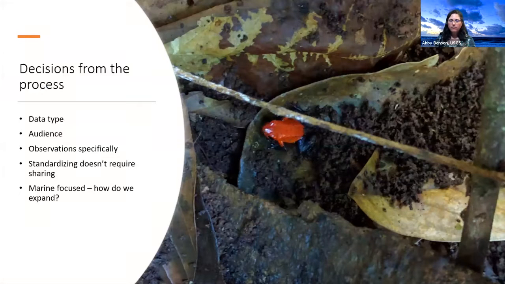We thought it would be helpful to review some of the decisions from the process that we've gone through. So when we first started with the decision tree, data type was one place where people really wanted to start. We decided that we wanted to go a bit broader than that with this. And I also think since we were starting with a decision tree, data type made sense in that instance.